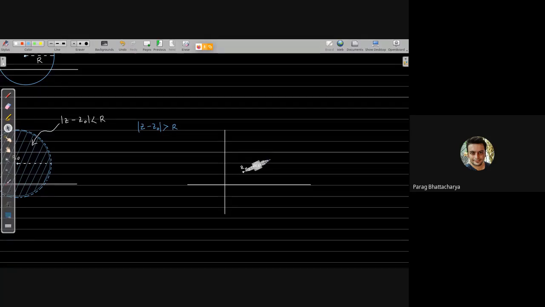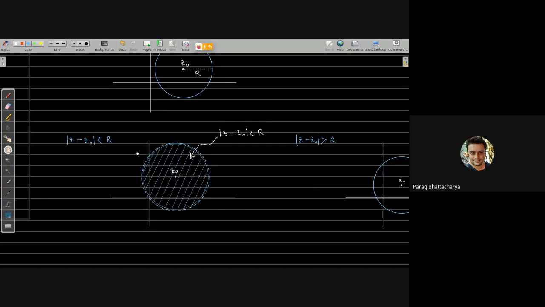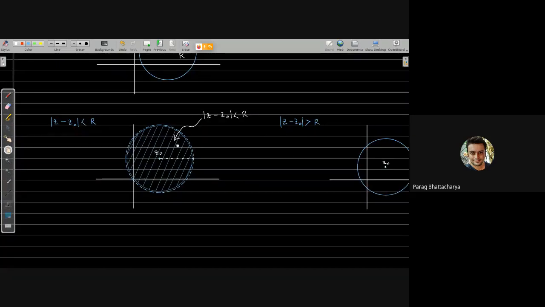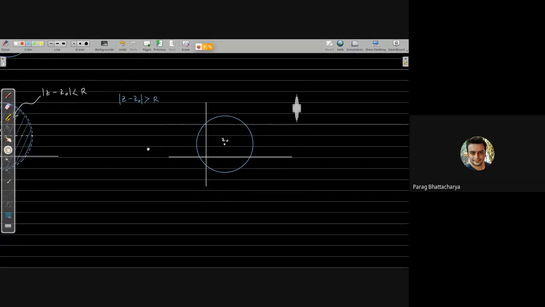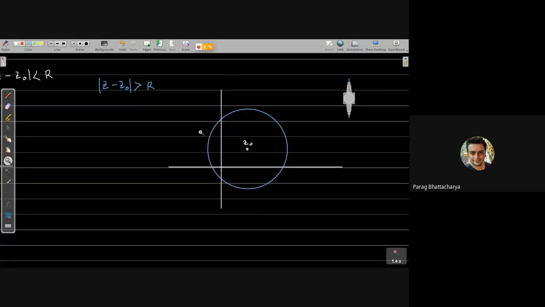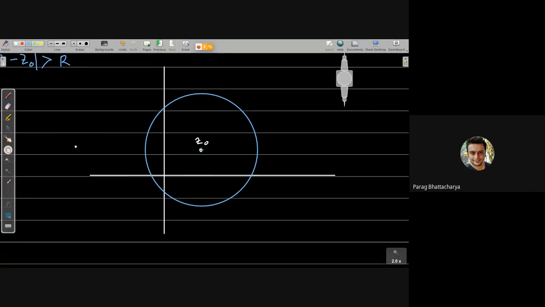We have drawn the circle here, but now again, just like in the previous case, there is no equality. Since there is no equality, here also we are not interested in the circumference of the circle.